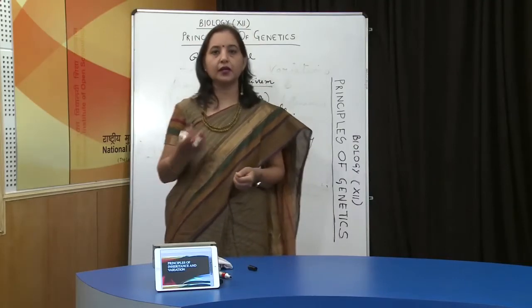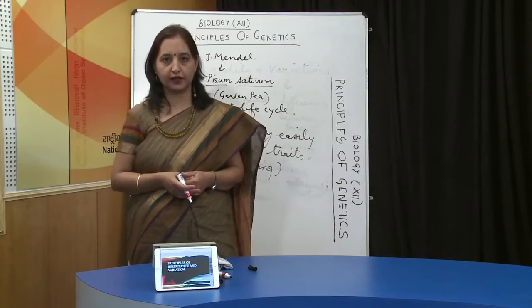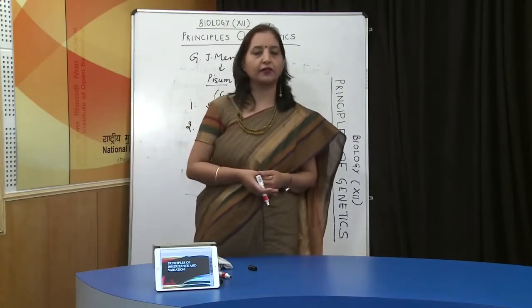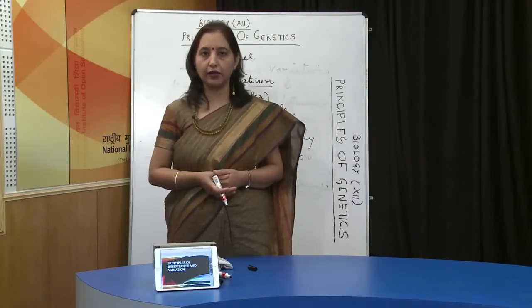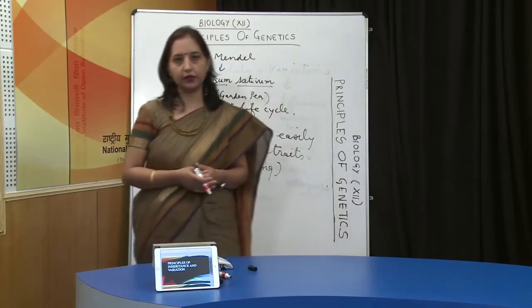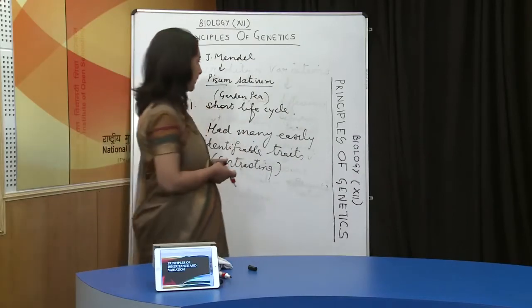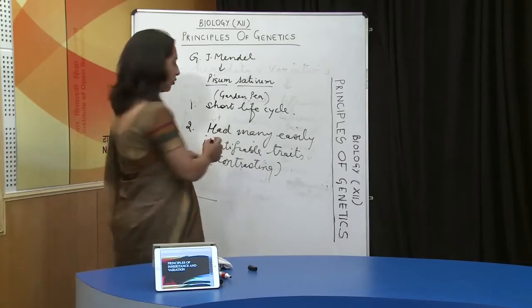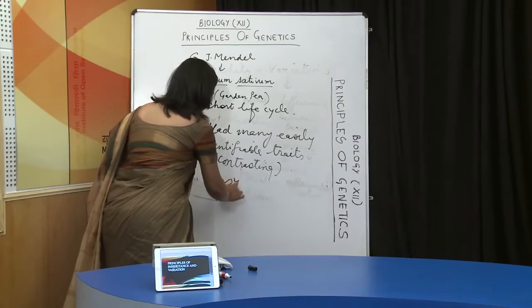For example, this garden pea consists of some tall plants as well as some short plants. The flowers may be red, the flowers may be white, the color of the seed may be yellow or green. So there were easily identifiable phenotypic traits, the traits were very clear and very easy to study. And the third reason was it was easy to cross-pollinate.